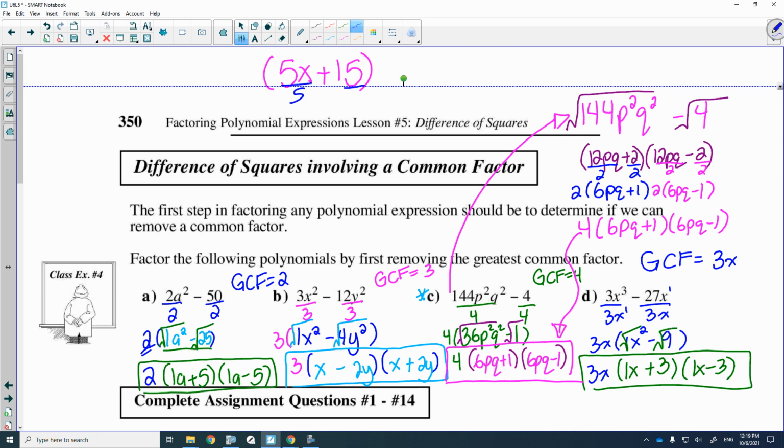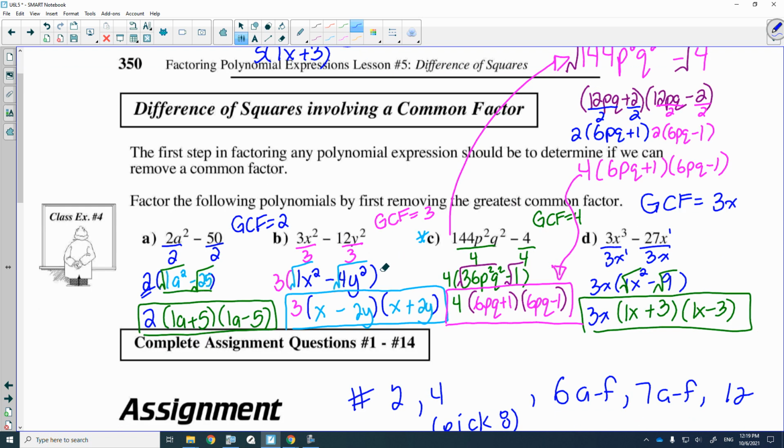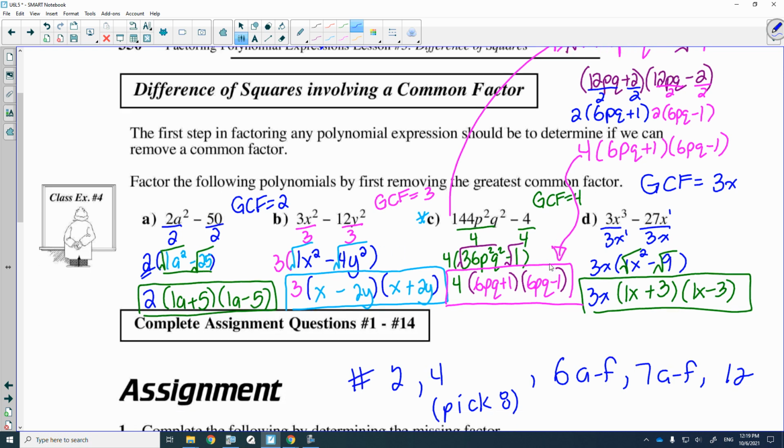So if you ever thought that that was a factor, you could further factor it. The 5 comes out, 1x plus 3, you cannot take a GCF out of this. So there's going to be a couple in your homework, and I'll show you which ones you have to look for the GCF. That is difference of squares. That's all there is. This is as hard as I could ask the questions.